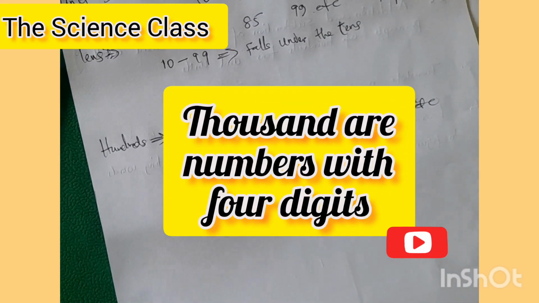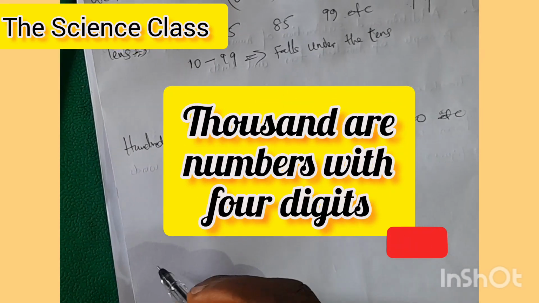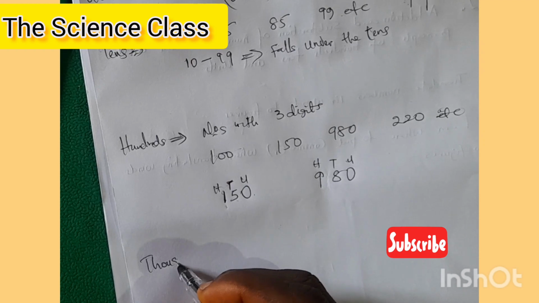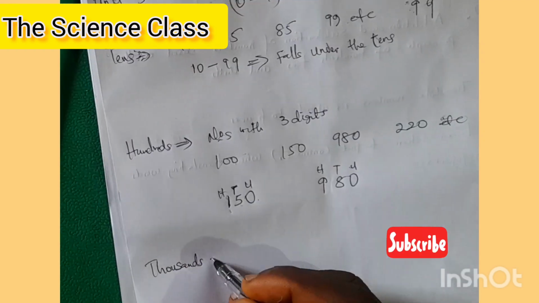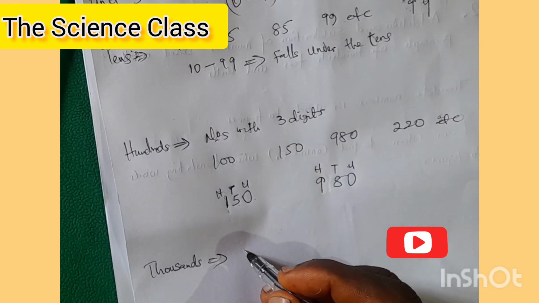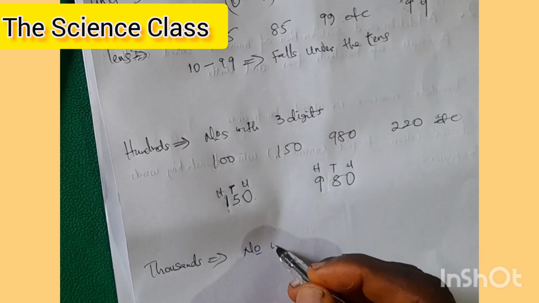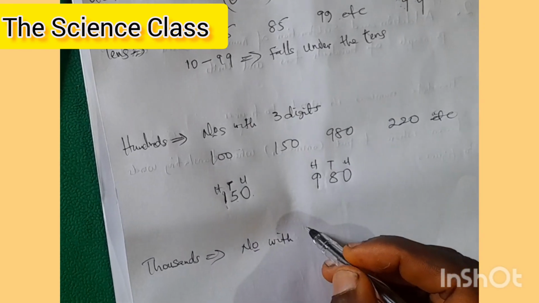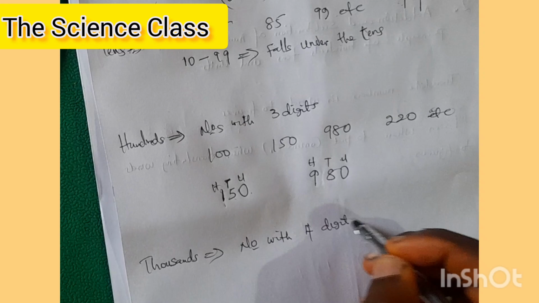The next level is the thousands. And thousands contain numbers with 4 digits.